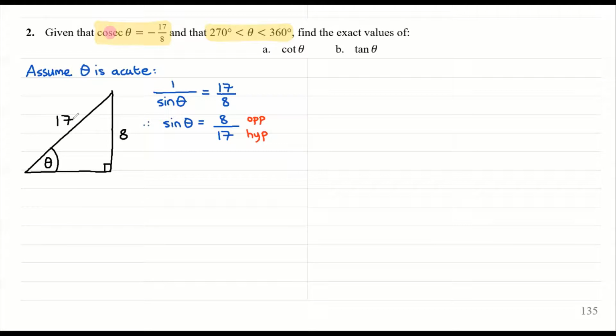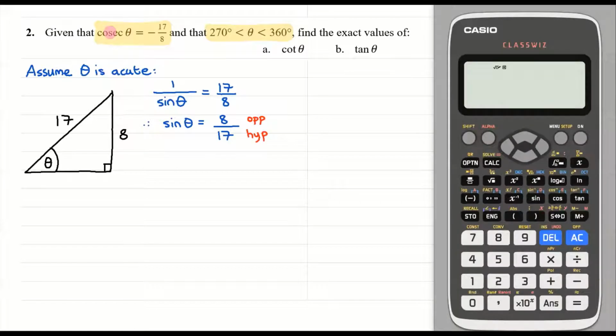I'll use the calculator in this instance. So we need to find out the short side. So if we do 17 squared, subtract 8 squared, we get 225. Take the square root of your answer, and of course that's 15. So from a bit of Pythagoras' theorem, we've got all three sides pretty quickly. So this is 15.